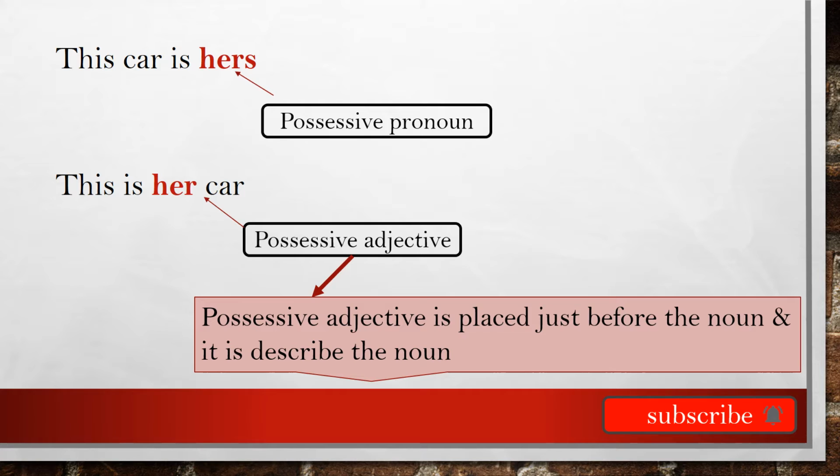This car is hers. It does not have any noun after hers. So, it acts as a possessive pronoun. This is how we differentiate the possessive pronoun and possessive adjective. Remember, the possessive adjective is always placed just before the noun.